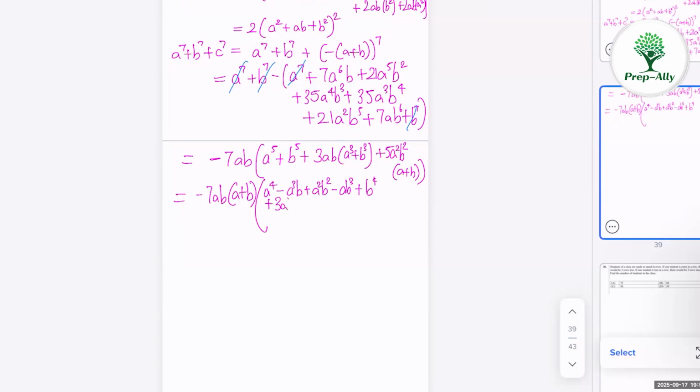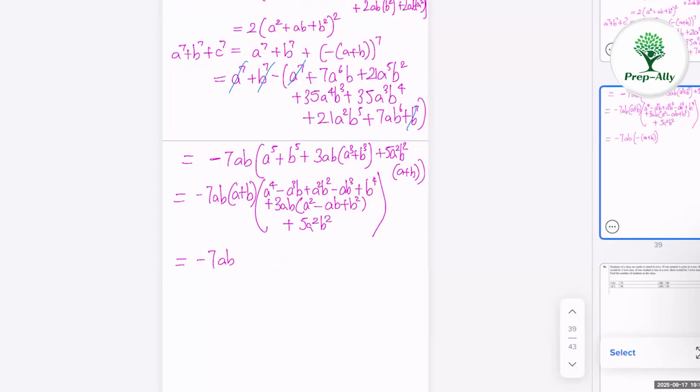Plus 3ab into a square minus ab plus b square plus 5a square b square. So we have 7ab into a plus b. And can we write this as minus of a plus b, right? And that would just become c because a plus b plus c is 0.